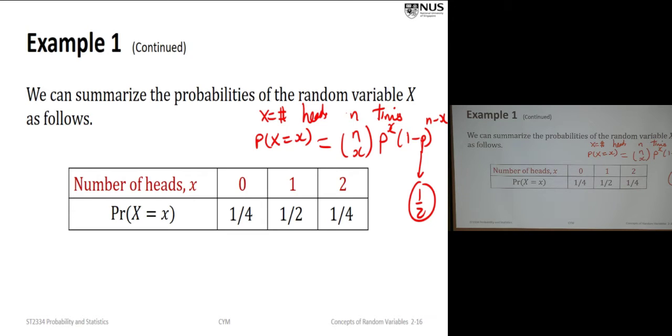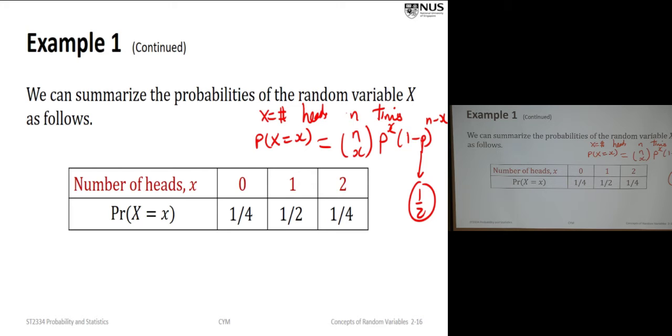What I'm trying to tell you is that there are at least two ways to represent these random variables. One is a table form, which gives you the values of this random variable X and also the corresponding probability. But what happens if there are so many possible values for this random variable X? Then your table will be very, very large.